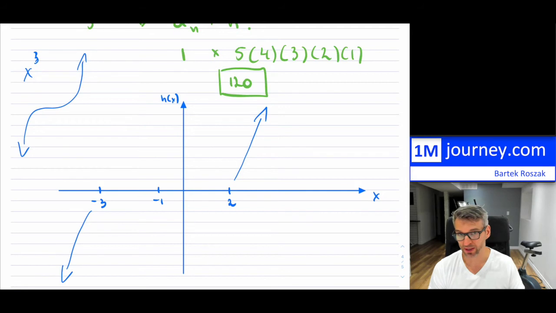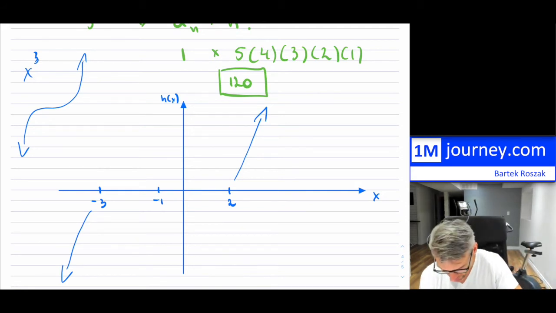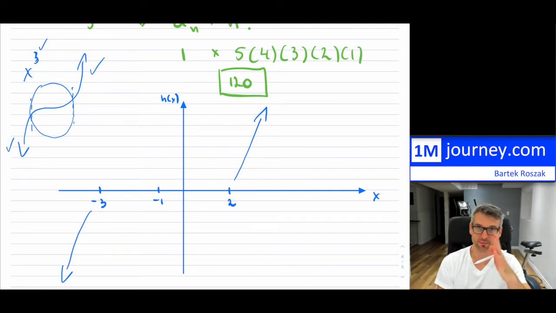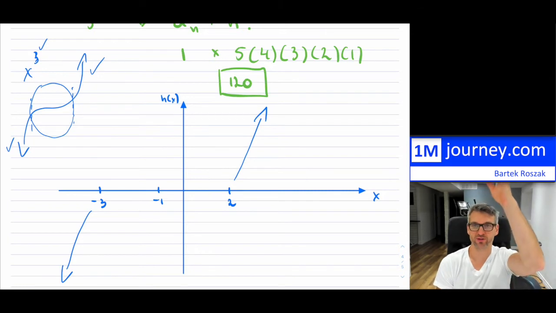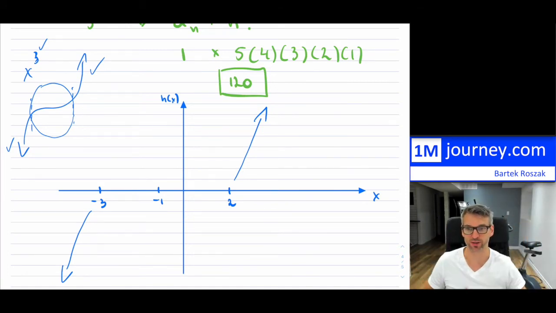And for any higher orders, we don't necessarily know what's happening here in the middle, but we know that it's going to follow the x to the 3. So somehow it's going to be skyrocketing. This is 5th order, so it's going to skyrocket faster than the 3rd, but it's still going to go up. Since they're asking for a sketch, we know this one's going up, this one's going down. Now, what happens at the zeros?